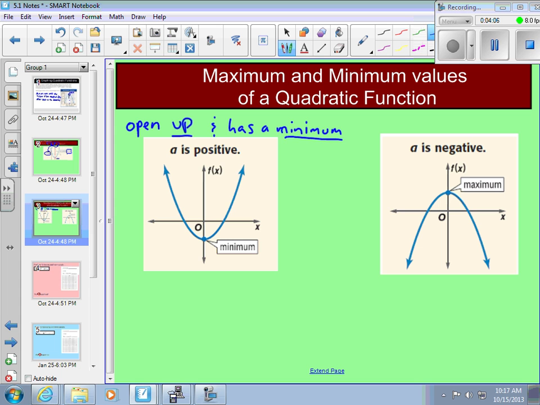So anytime A is positive, the number in front of the x squared in the function, whenever that is positive, it's going to open up and it's going to have a minimum low value.